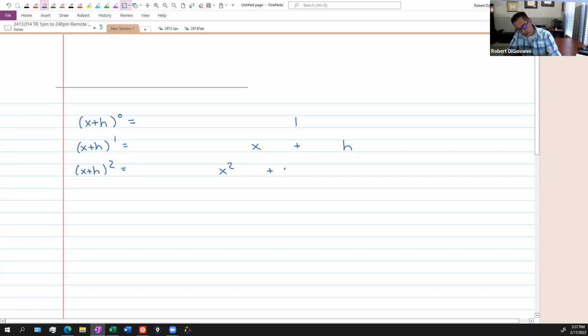And I hope that you agree with me that it would come out to be x squared plus 2xh plus h squared. I think we've seen it enough in our lives that maybe we would agree with that. Now, if I do x plus h to the 3rd power, I can multiply that out also, and it would take me a little bit of time. Here's what you would get: x cubed plus 3x squared h plus 3xh squared plus h cubed. If you believe me, that's what it would become.